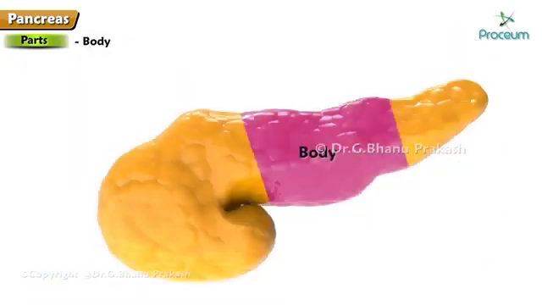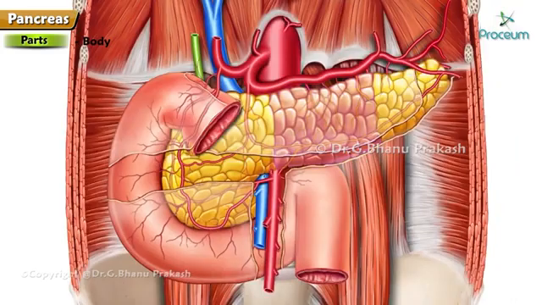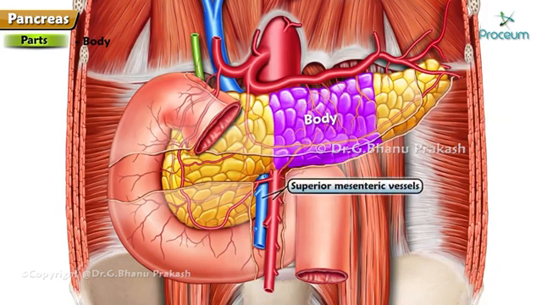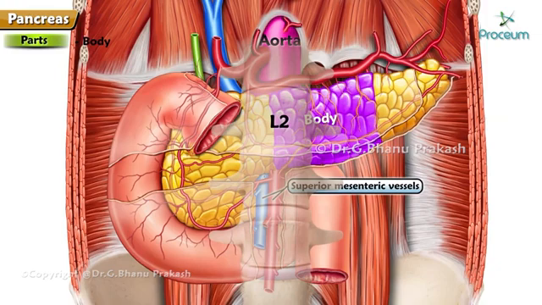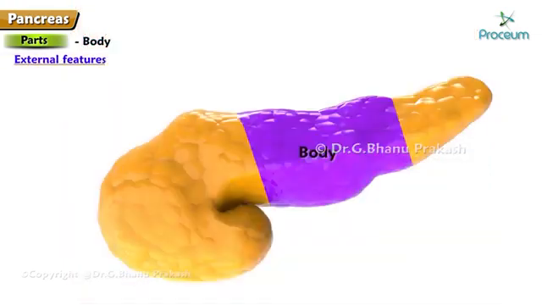Body of the pancreas. It is an elongated part of the pancreas extending from the neck to the tail. It lies to the left of the superior mesenteric vessels, passing over the aorta and L2 vertebra. External features.